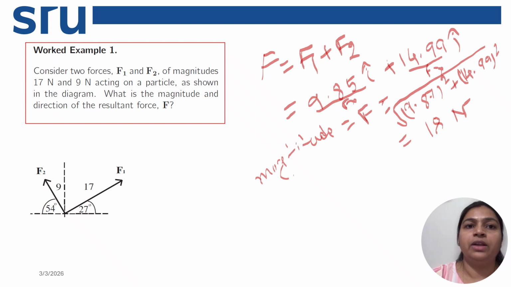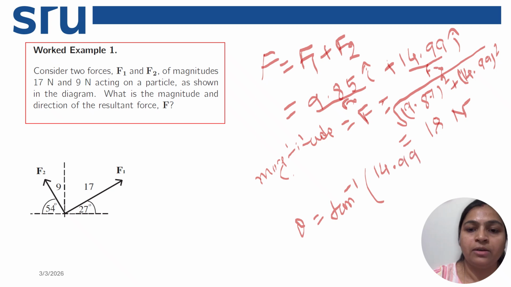And now we can find the angle theta also. We know that tan theta is basically y by x. So this is our y component, this is our x component. So theta equals tan inverse of 14.99 divided by 9.85.